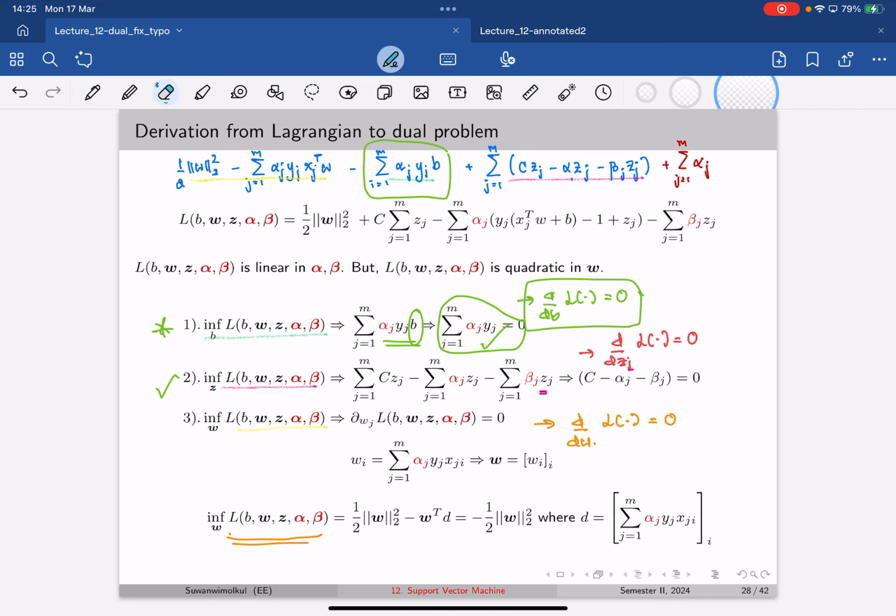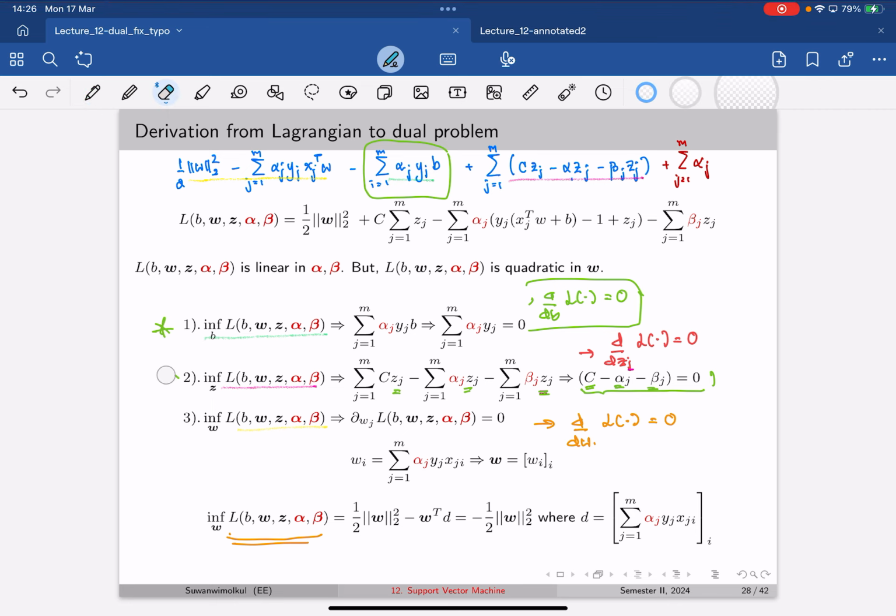Likewise, you do the same thing for the slack variable, because the objective function is also an affine function with respect to the slack. So if you take the derivative of this and equate it to 0, the only way to reach the infimum is for c minus alpha minus beta to equal 0. So it's the same as previously.